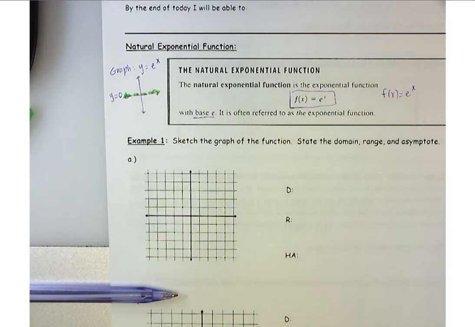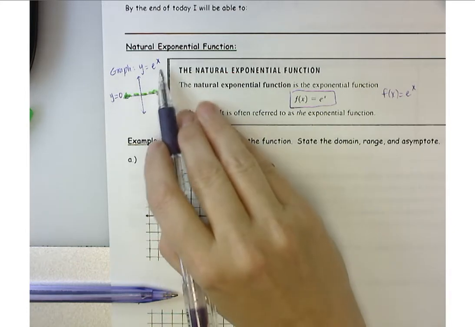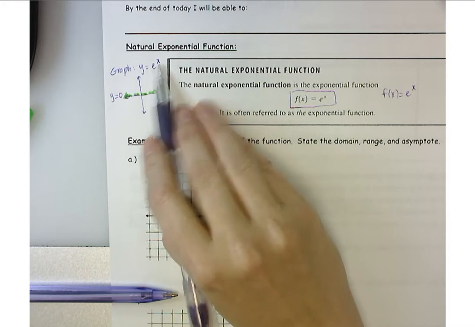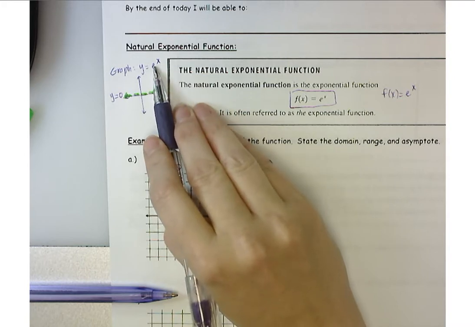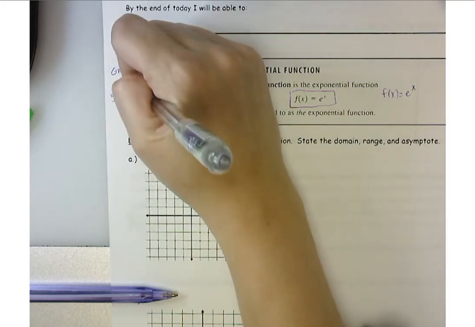Yeah, 2.71, which is going to help us with one of our points. What is the y-intercept? 1, because if you plug in 0, e to the 0 power is 1. Okay, so the y-intercept is (0, 1).